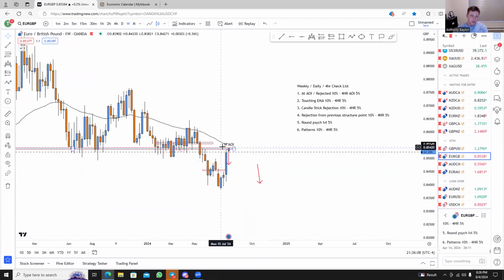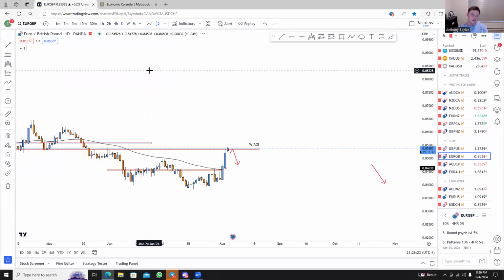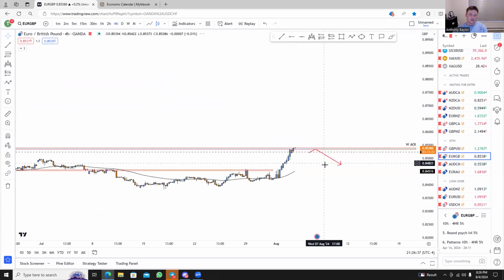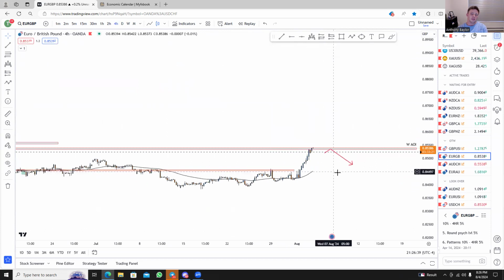Weekly is bullish: lower high, lower low, shift the structure right here, higher high, higher low. Daily is bullish, 4-hour is bullish. Okay.